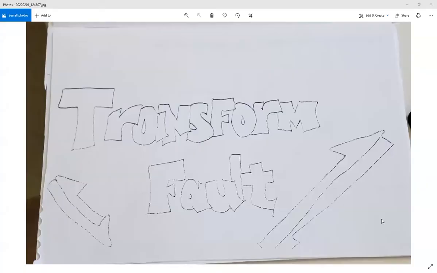If you see those weird arrows, what I've done is take 2 arrows and cut them in half, because at a transform fault, those pieces of crust are sliding past each other. They're not moving into each other. They're not pulling away. They're just sliding past. And so this will be the 3rd section of your book.